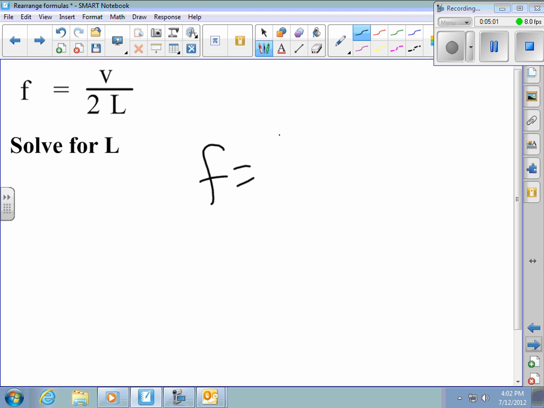So the frequency equals the velocity over 2 times the length. Let's multiply each side by the length. Length divided by length is 1. 1 times anything doesn't change it, so let's just get rid of them.